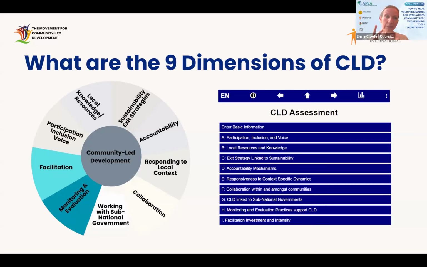Then the last 2 dimensions, and you can see they are shaded a little bit differently, are monitoring, evaluation, and then facilitation. And they are shaded differently because we see them as processes that continuously happen throughout programs. And so the tool also wants to assess to what extent monitoring evaluation processes are included in a community-led program.